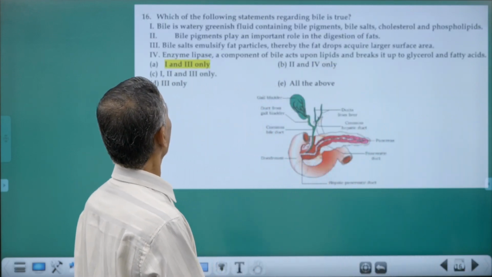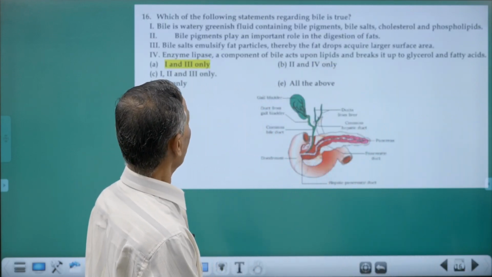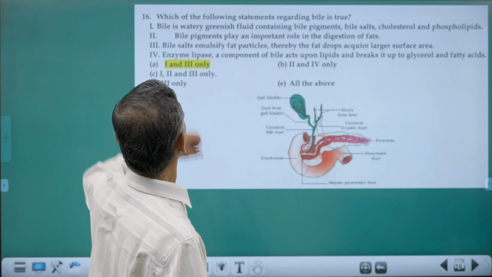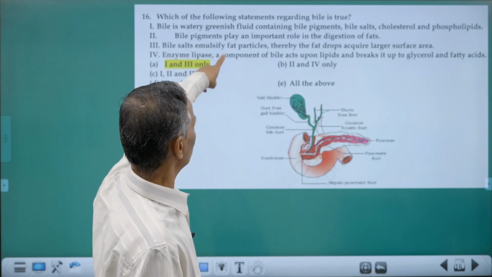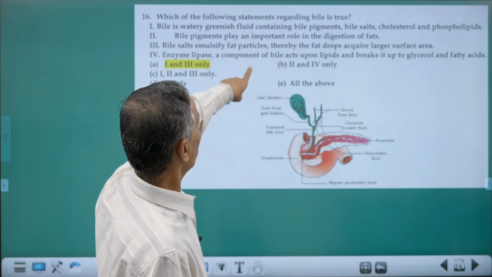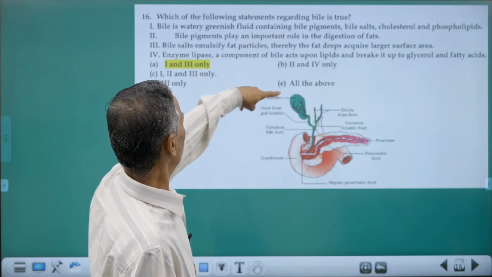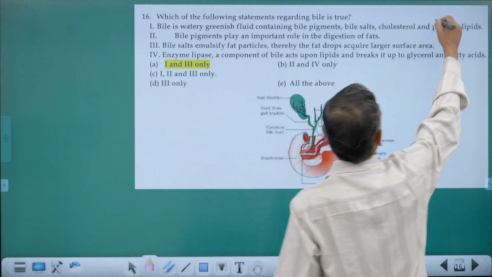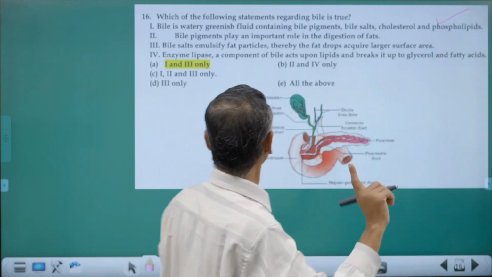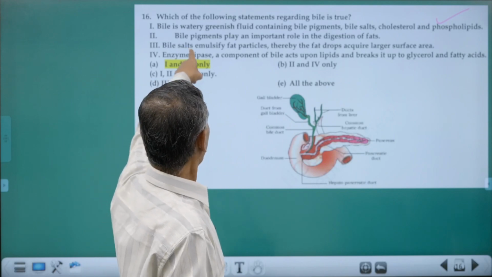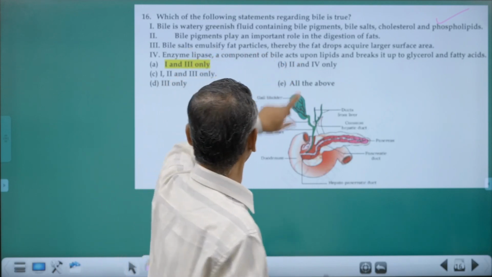Which of the following statements regarding bile is true? Okay. Bile is a watery greenish fluid, correct? Containing bile pigments, bile salts, cholesterol, phospholipids, etc. Correct? It does not contain any digestive enzyme. Bile pigments play an important role in digestion.